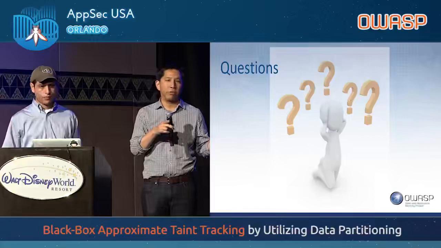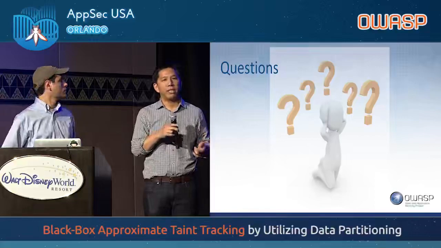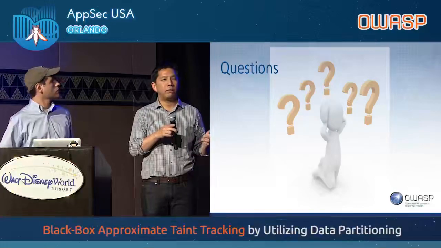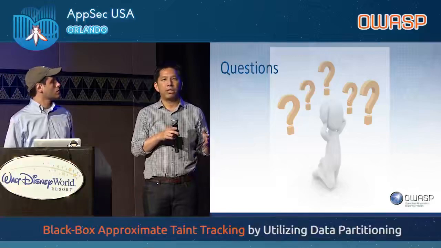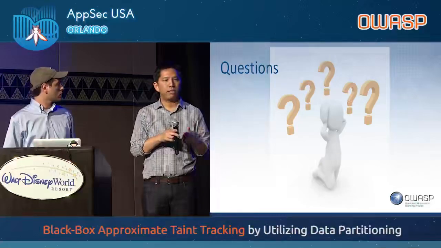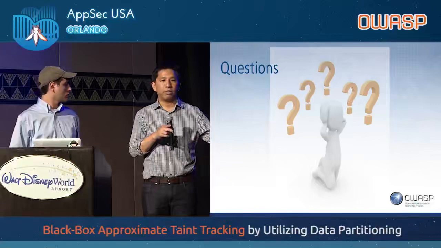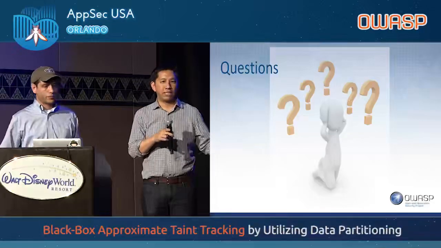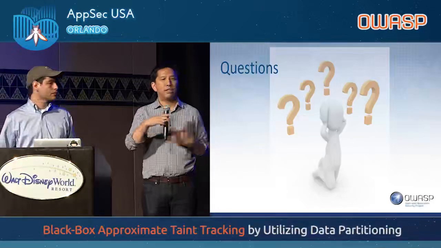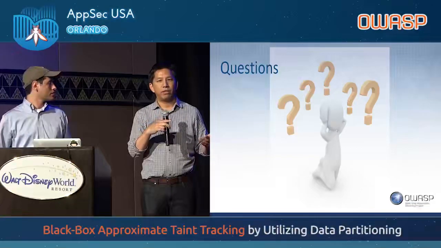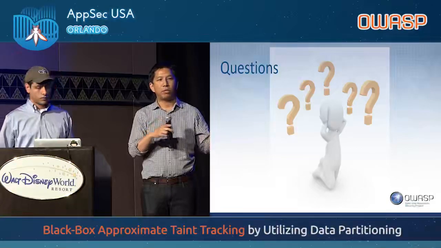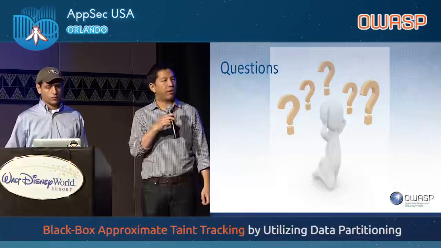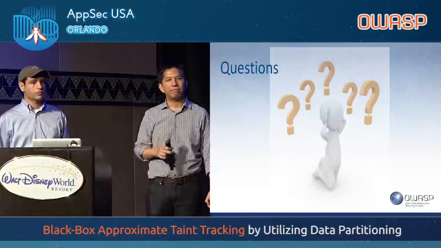So that could be more like gray box rather than black box. But nonetheless, the idea is that we don't assume that we have a taint that's guaranteed from one end to the other. We assume that's not possible, and then take the approach of making things work without that assumption, which we find is more promising.